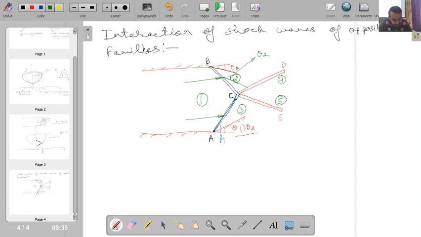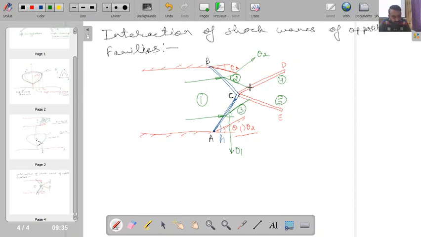This will bend something like this, and its deflection angle is theta 1. So one has deflected at an angle theta 2, the other has deflected at an angle theta 1.